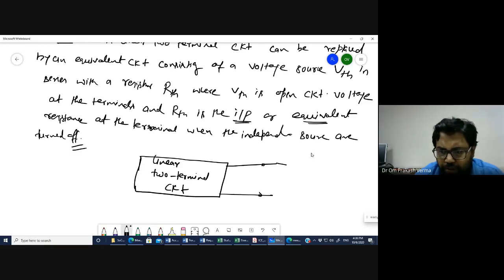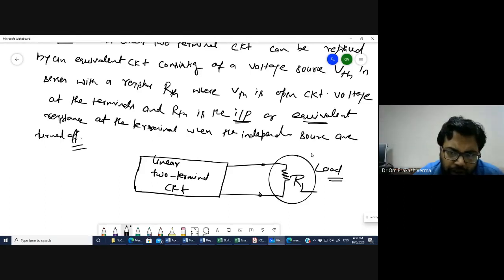Let's say this load is RL. The current passing through this load resistance is I, and the voltage across this resistance is V.